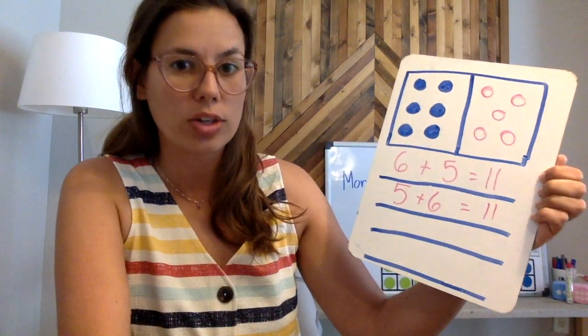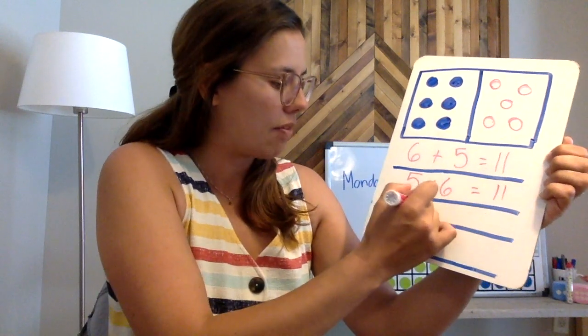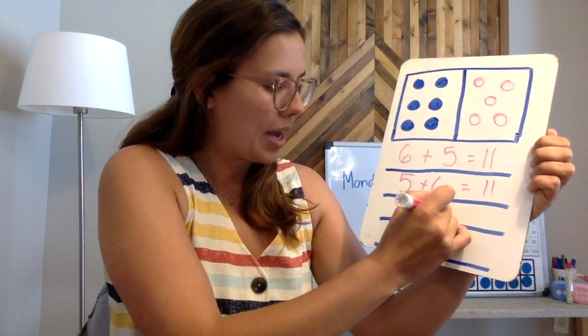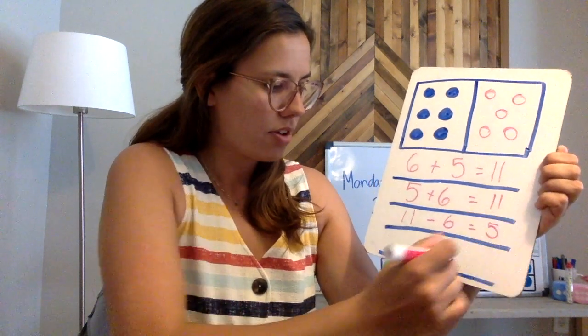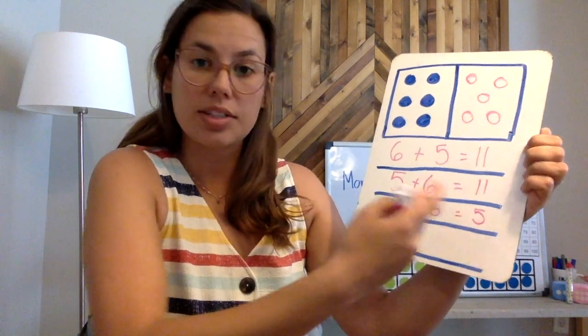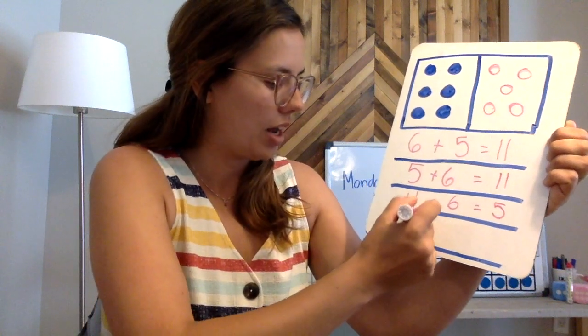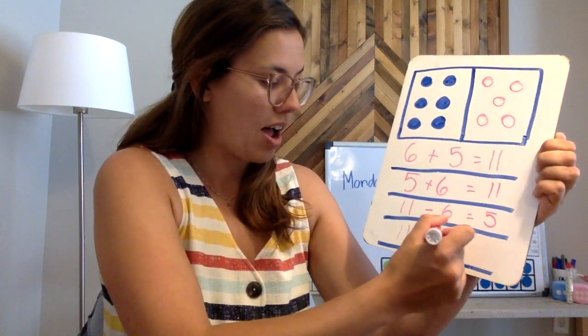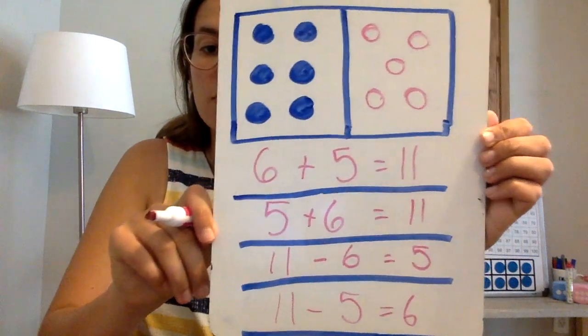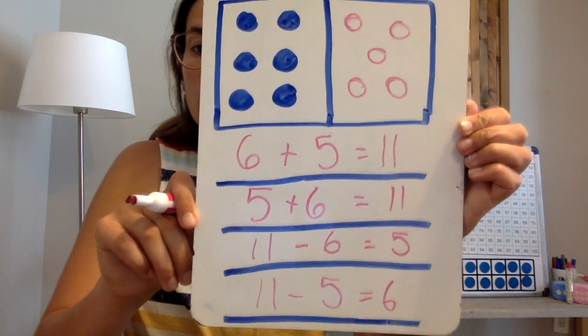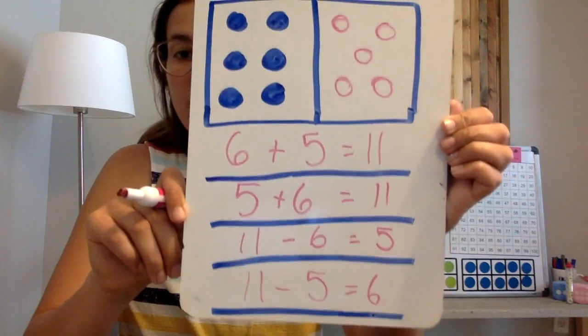We're going to a smaller number. So I'm going to start with 11 minus 6 equals 5. And then I'm just going to swap the 6 and the 5 again. So then I also know that 11 minus 5 equals 6. So there you have it. There's my fact family using the numbers 6, 5, and 11.